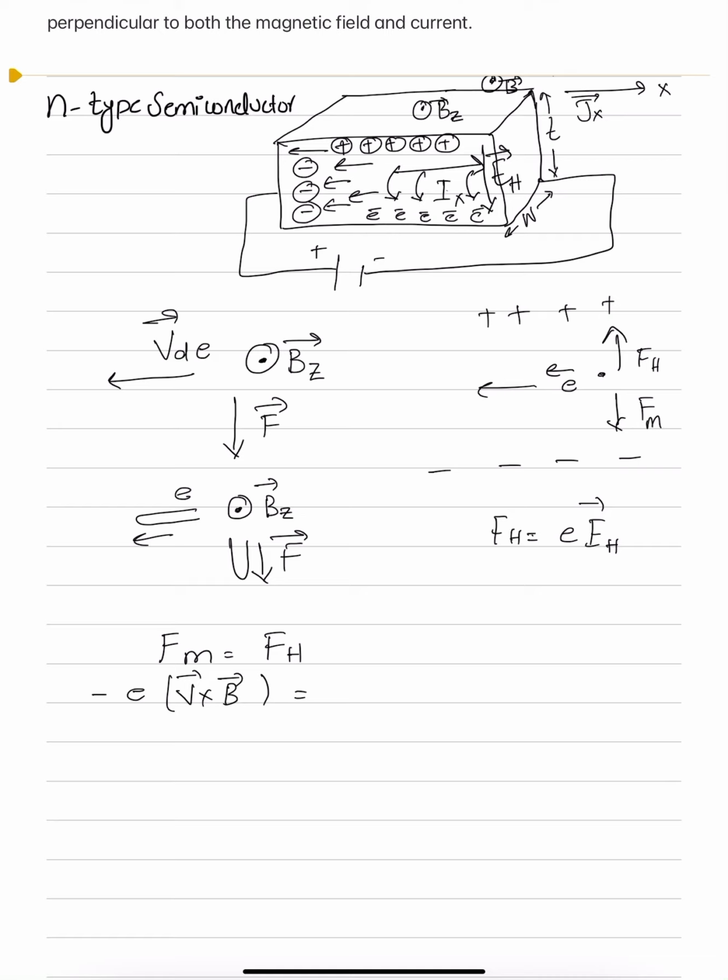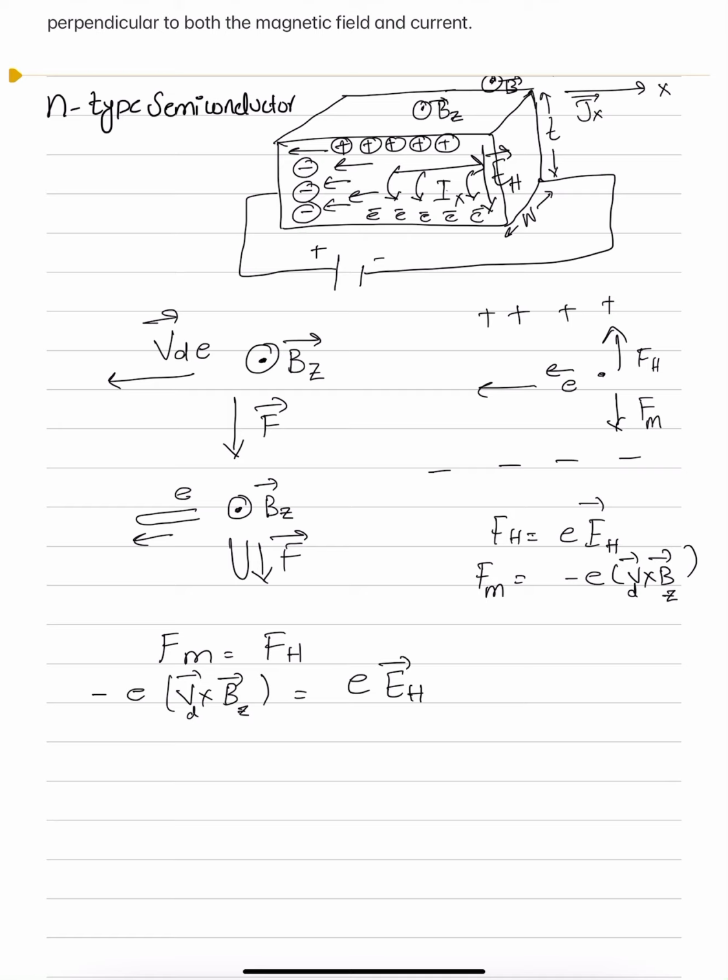This force is due to the Hall EMF, and Fm is the Lorentz force, which is minus e v cross B. Here B is Bz and v is Vd, so we write Bz and Vd, and here it is e into EH.